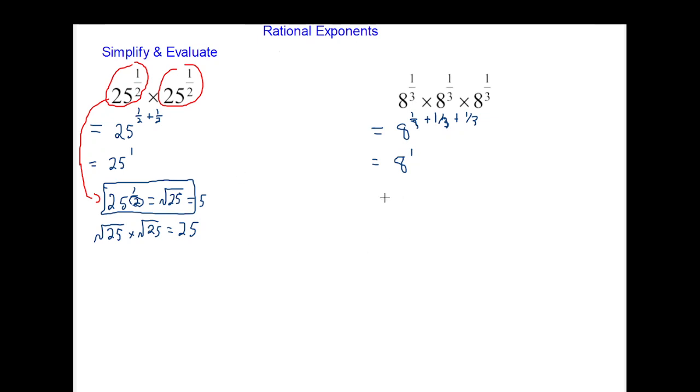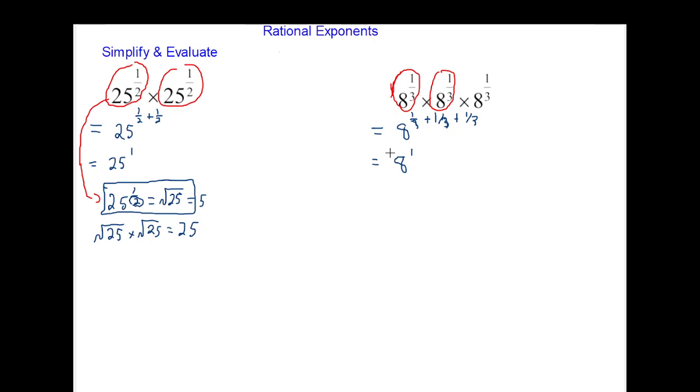So what that means is that, same sort of idea as last time, we take a number and multiply it by itself 3 times. We took a number right here, multiplied it by itself 3 times, and we got 8. So we took this number, which was 8 to the 1/3, multiplied it 3 times, and we got an answer of 8.